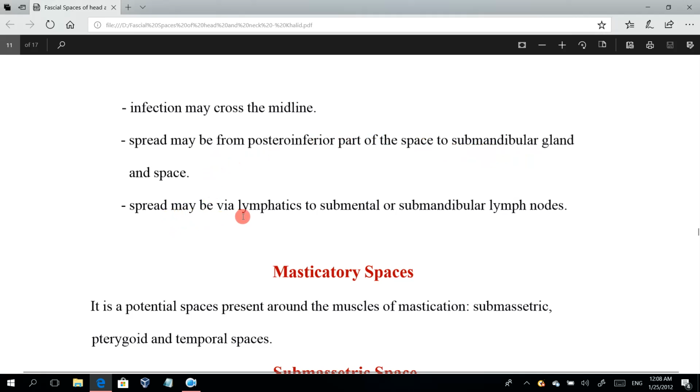Also, spread may be via lymphatics to the submental or submandibular lymph nodes. The infection can move from the sublingual space to the submental and submandibular lymph nodes.